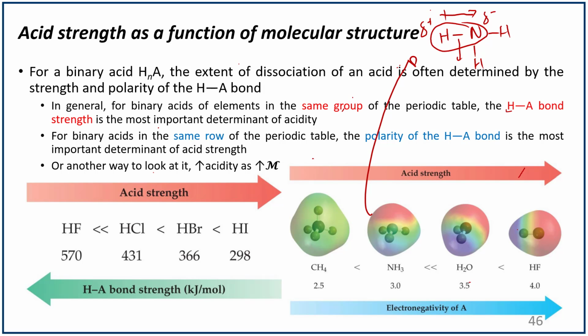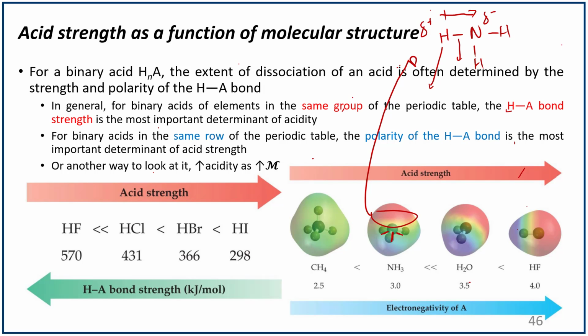Okay, and that is what this red region shows, meaning these shared electrons in the bonds are actually pulled towards nitrogen more. So when that happens, then this hydrogen actually has a weak hold of those shared electrons, and in return gets dissociated more. Okay, that's why ammonia is actually more acidic than methane, even though ammonia is actually basic.